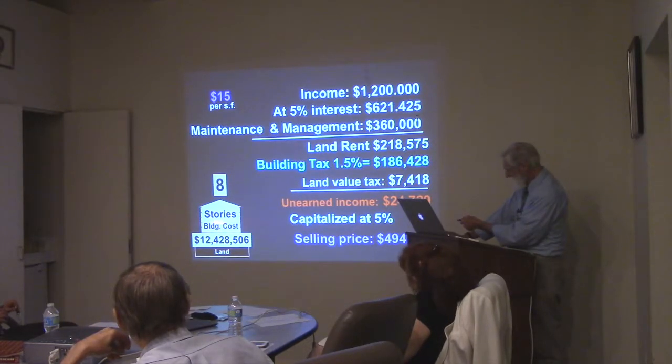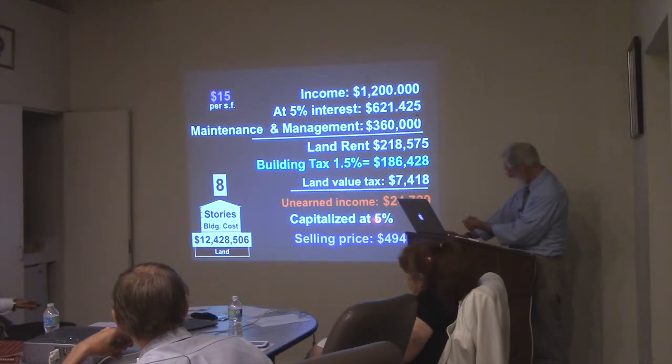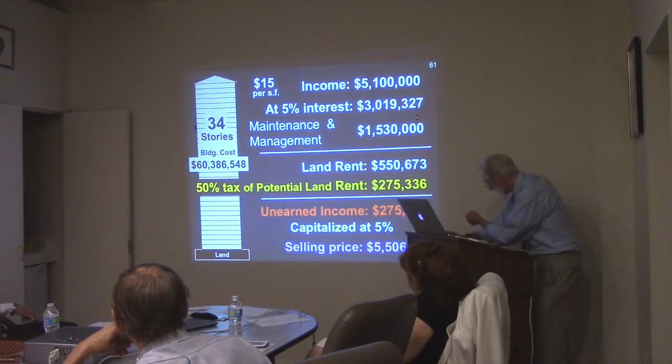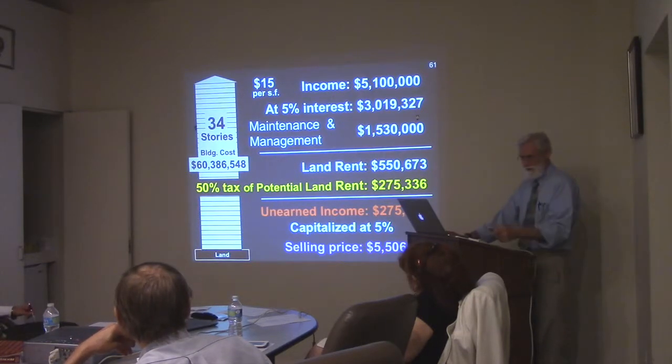With the 8 stories, and the selling price at 5%, in other words, $24,729 is 5% of $494,571. Just say $500,000. But $275,000 is 5% of $5,506,000. 11 times the price that it was before.